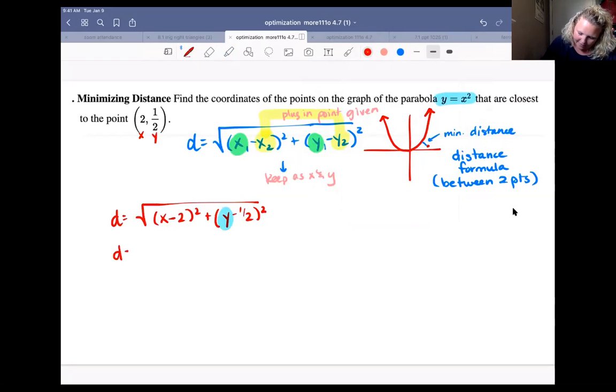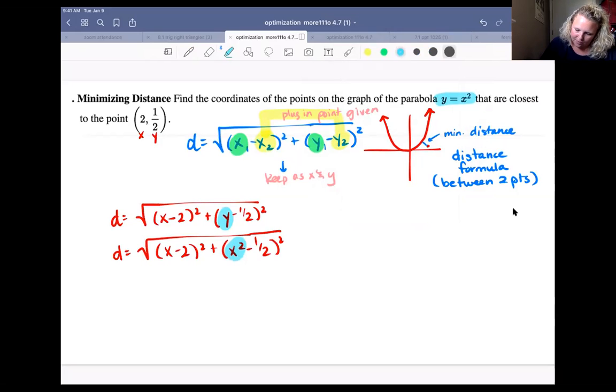So then we have x minus 2 squared plus x squared minus 1/2 squared. See how we just replaced that? We just replaced it with the function given. And now we take the derivative of the distance formula with respect to x.